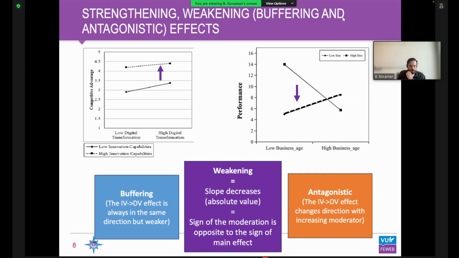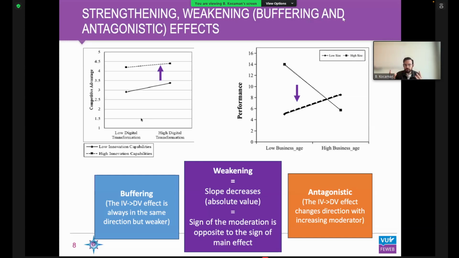Can you explain more what's happened to the competitive advantage with low and high digital transformation? Yes. So when you have a moderator, you need to look at the relationships at different levels of the moderator, because that really depends on the level of the moderator.